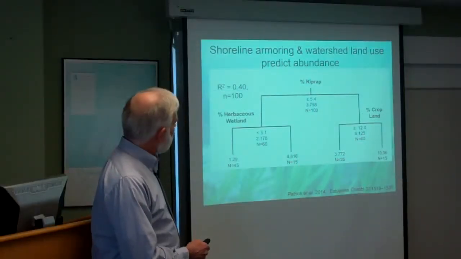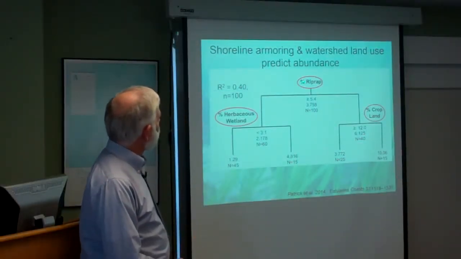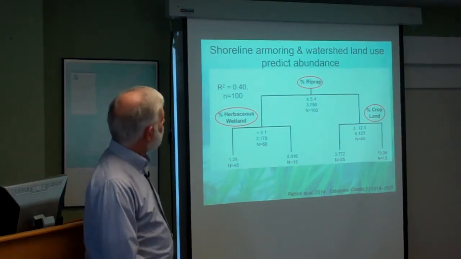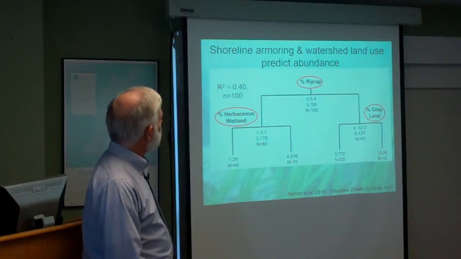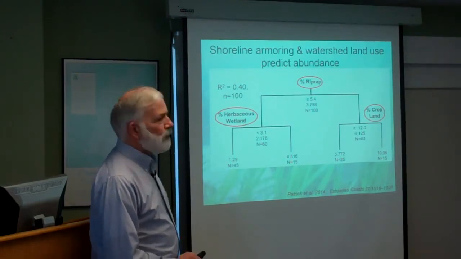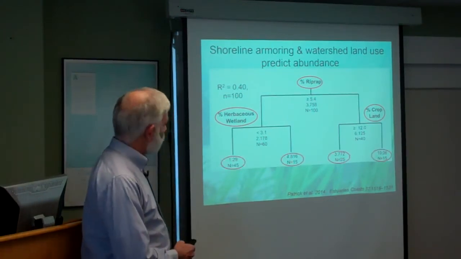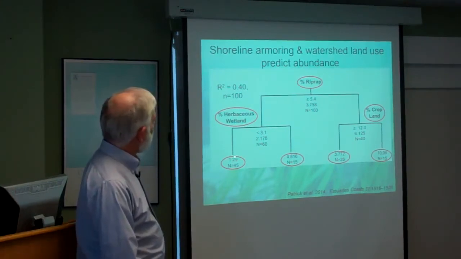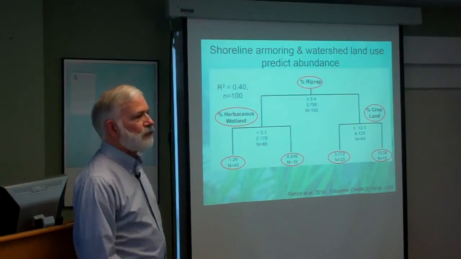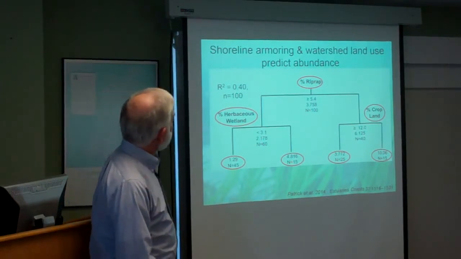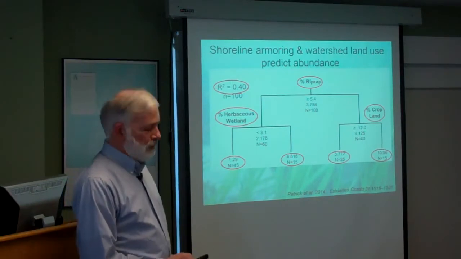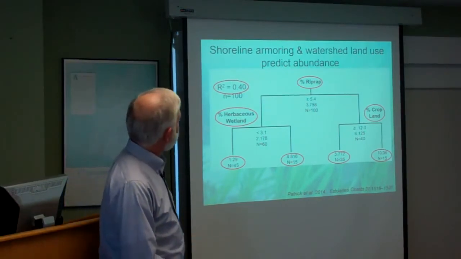This particular model was based on 3 variables: the percentage of riprap, the percentage of herbaceous wetland in the watershed, and the percentage of cropland in the watershed. It broke the subestuaries into 4 groups with SAV abundance ranging from around 1% to up to 10% across the 4 groups. And this particular model explained about 40% of the variation in SAV abundance among the subestuaries.